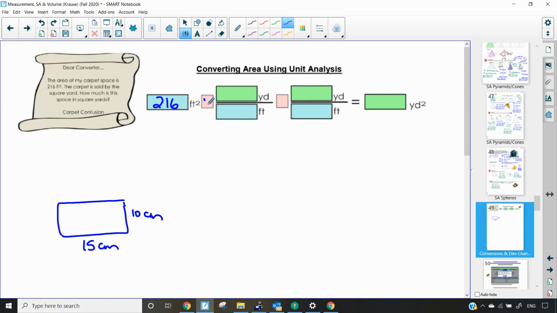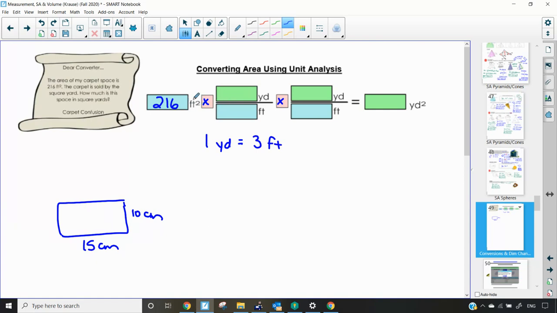So we're going to be multiplying, and we want to start off with feet squared and end with yards squared, but that means we have to cancel out the feet twice. So you notice that we're going to have our conversion units twice here. If we look at our conversion chart, we know that 1 yard is equal to 3 feet, or 3 feet is equal to 1 yard.